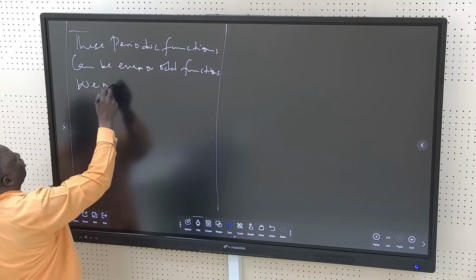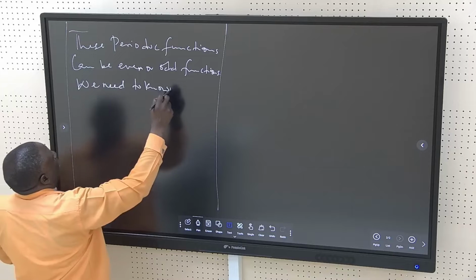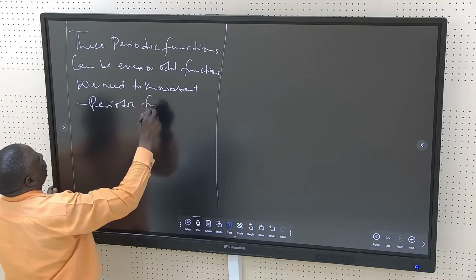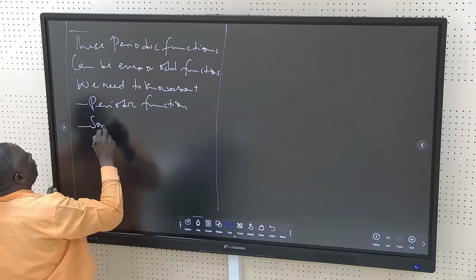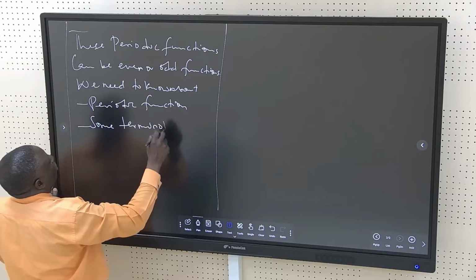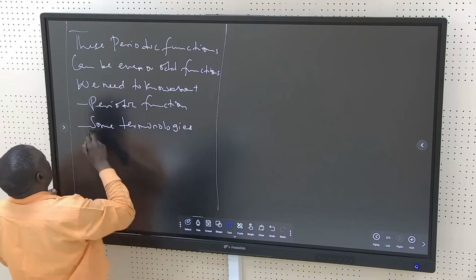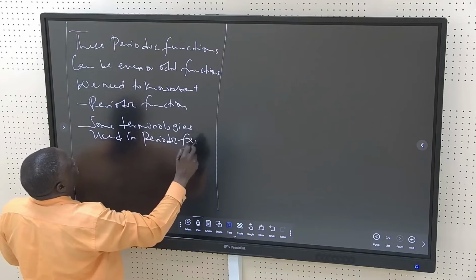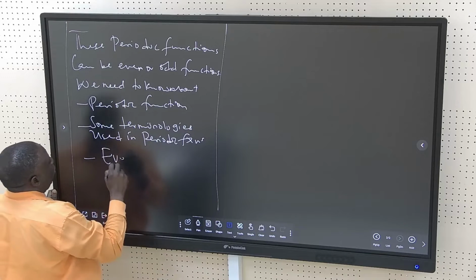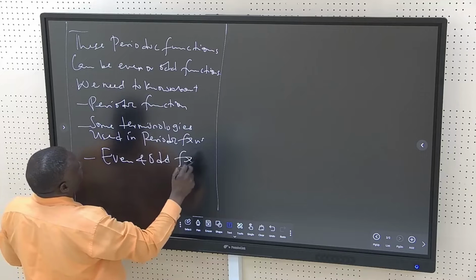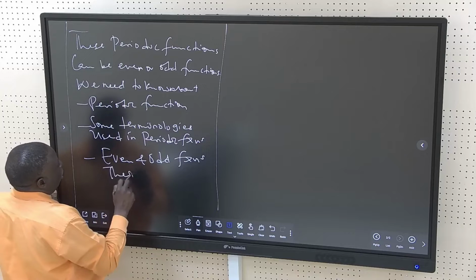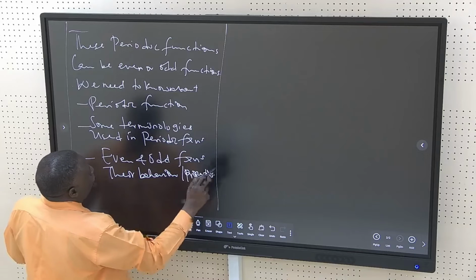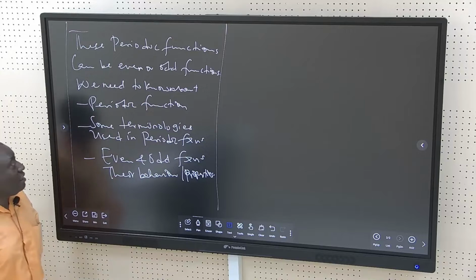So we need to get to know about periodic functions, some terminologies used in these periodic functions, and we also need to know about even and odd functions and their behavior or properties.